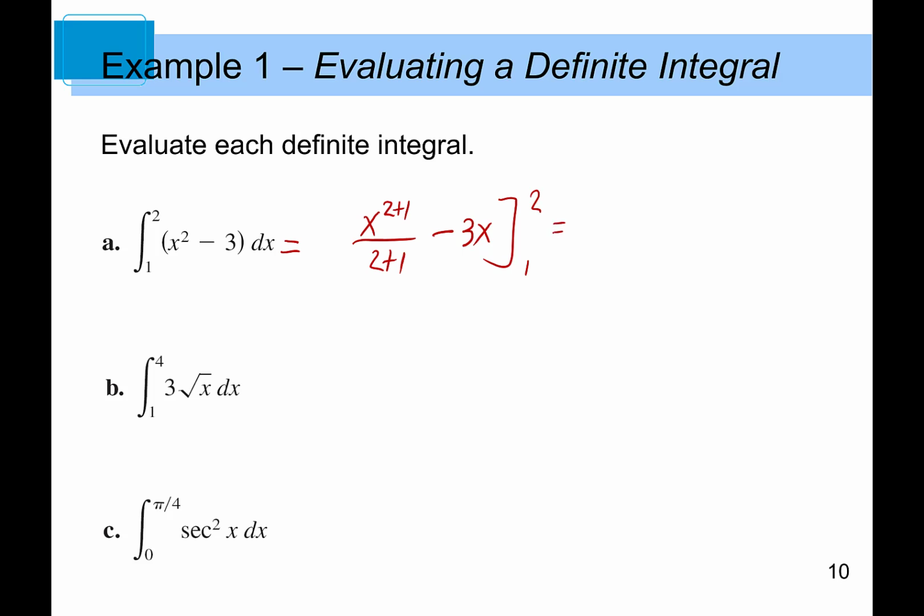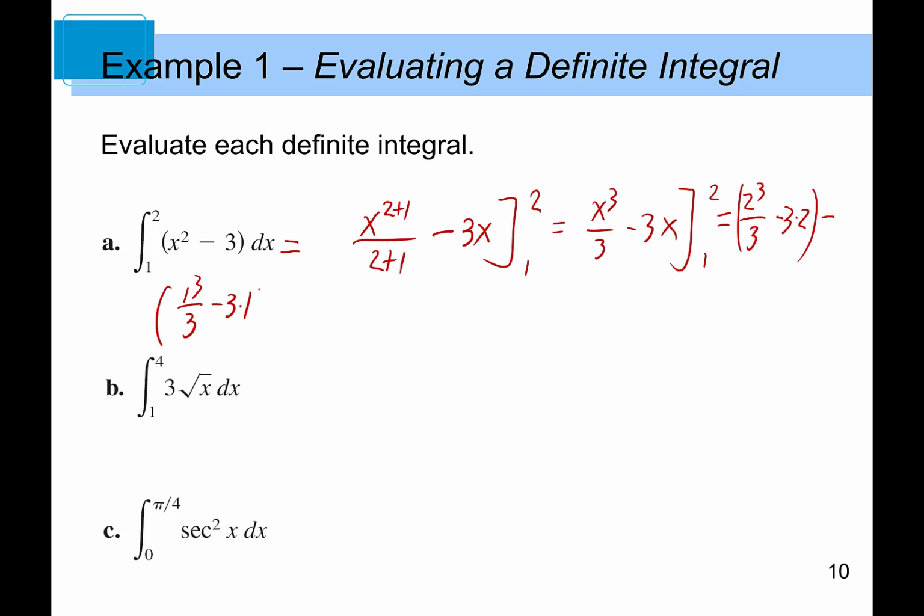Now plug in, simplify first: x cubed over 3 minus 3x, from 1 to 2. Now plug in both numbers. Plug in 2 first, so 2 cubed over 3 minus 3 times 2, minus 1 cubed over 3 minus 3 times 1.